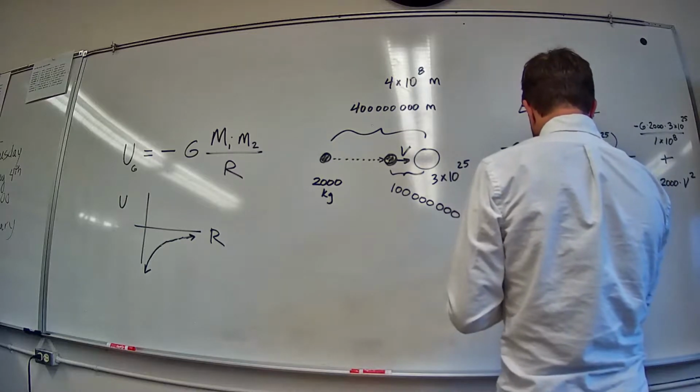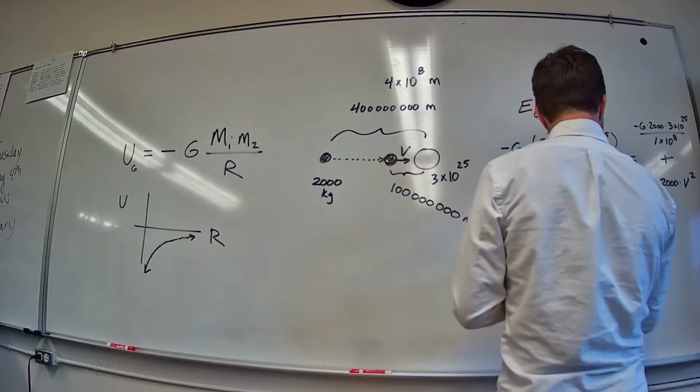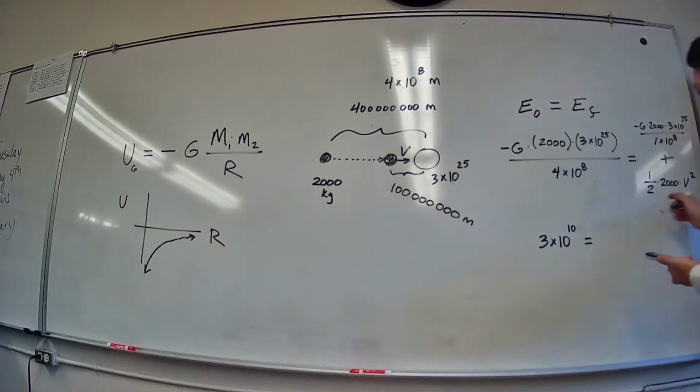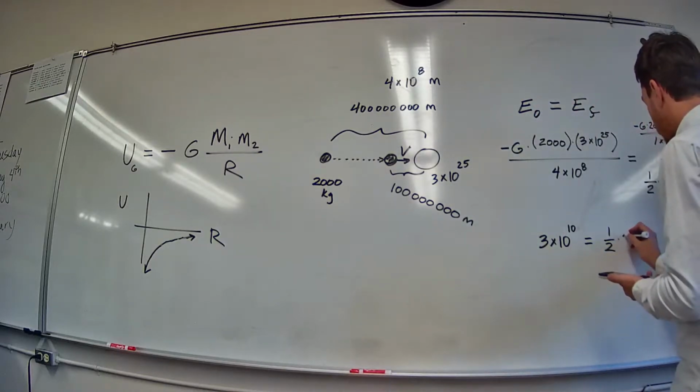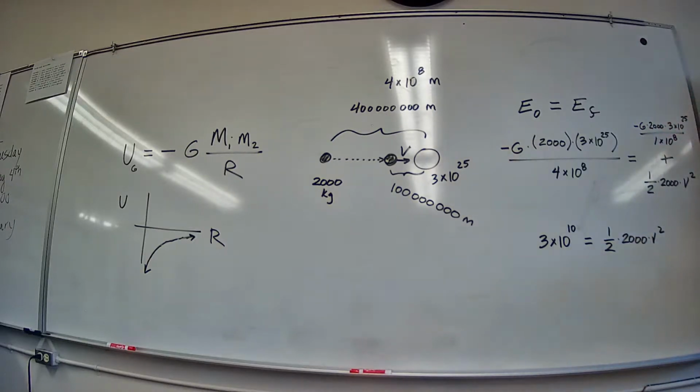I'm getting a number very close to 3 times 10 to the 10 equals, what's left over here is my 1/2 mv squared. See if you agree with me there.